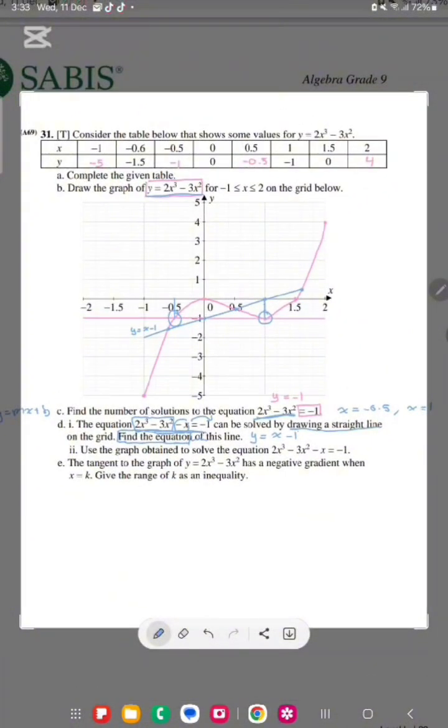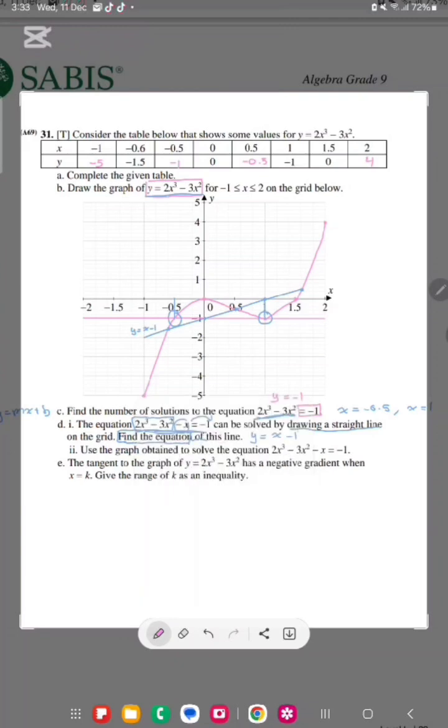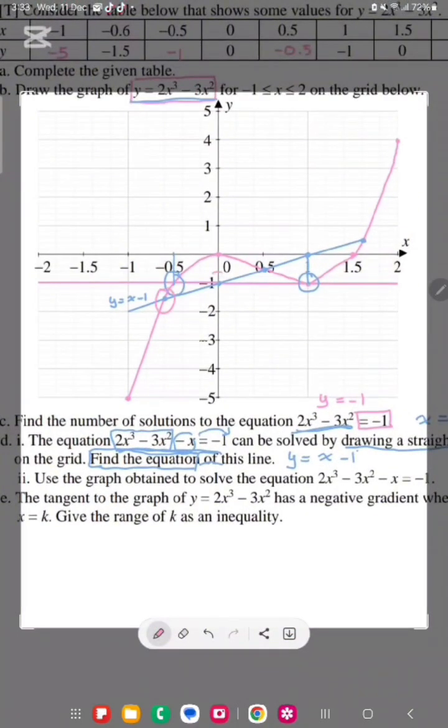Now, use the graph obtained to solve the equation. Now they're asking you to solve it. So, again, when they're asking you to solve it, you're just gonna do the points where they intersect, which is here, here, sorry, not there, here, here, and here.